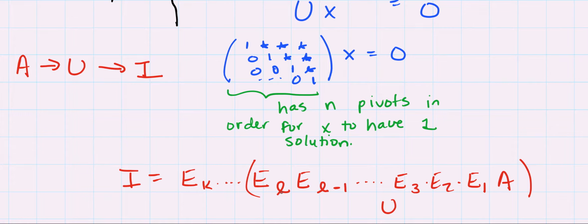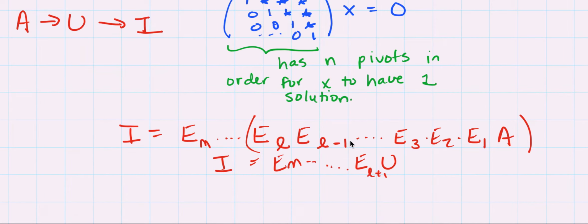I think I should probably have used J or something, because this letter actually comes after K. But the idea is I'm going to multiply all of these matrices together and I can get the identity matrix. So I can add some extra, let's just call this L plus 1. Maybe we should use the letter M instead. So there's a bunch of other matrices that I can use to get it to the identity matrix. So these matrices here correspond to the matrices here.